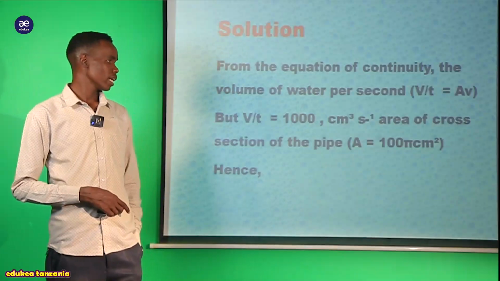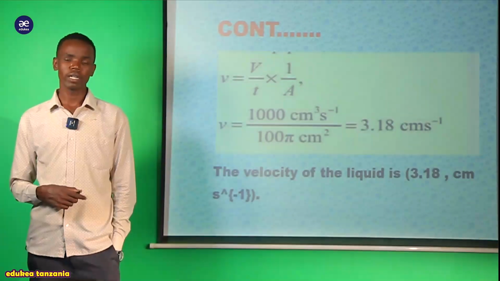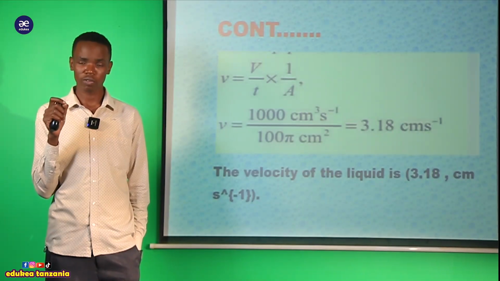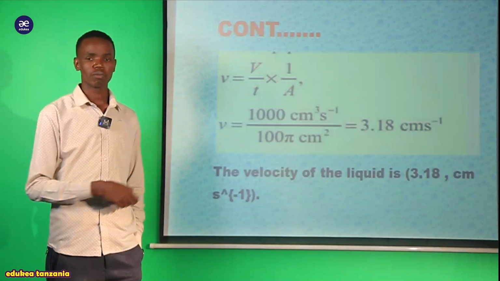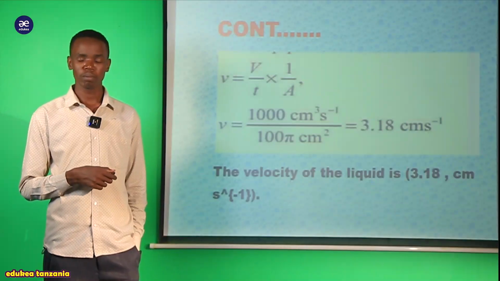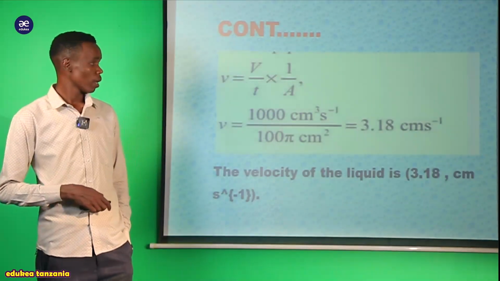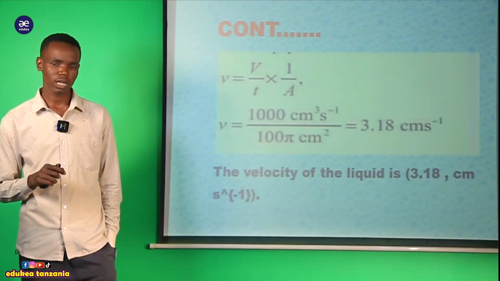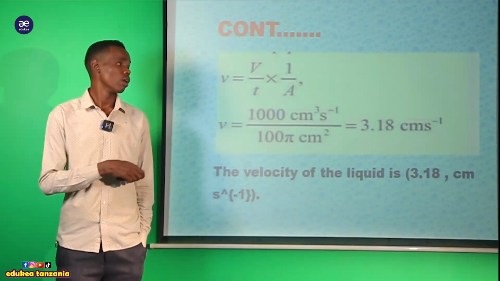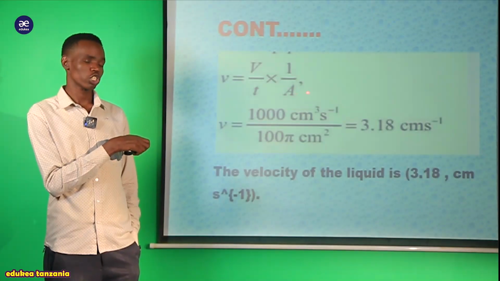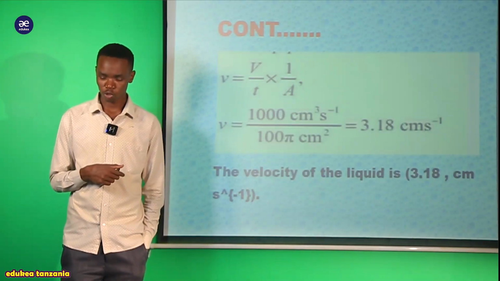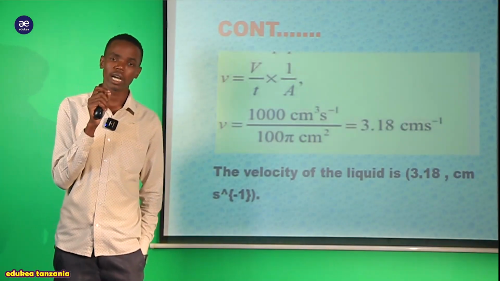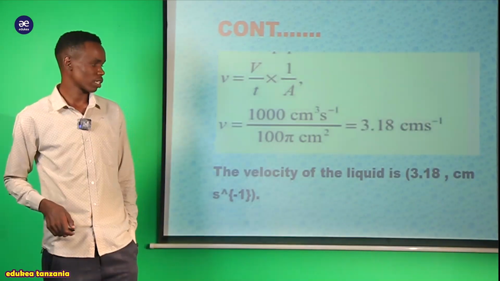If we divide by A throughout, we should obtain that the velocity must be equal to the rate of flow of volume, then we multiply it by the reciprocal of the cross-section area. This rate of flow of volume is equal to 1000 centimeter cube per second, where the cross-section area we have solved and obtained is equal to 100 pi centimeter square.